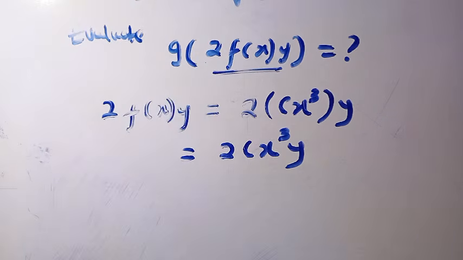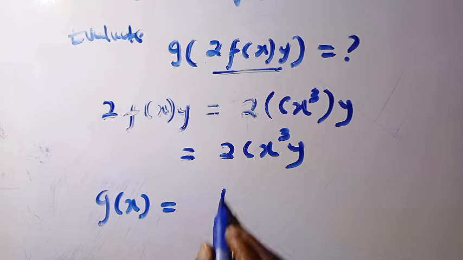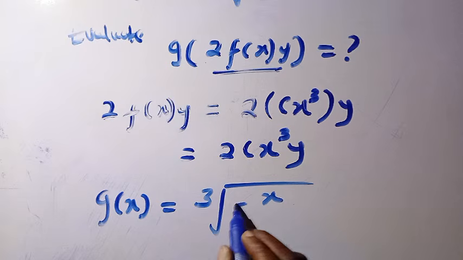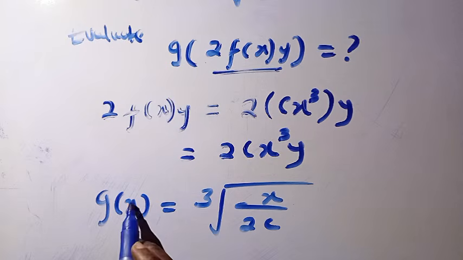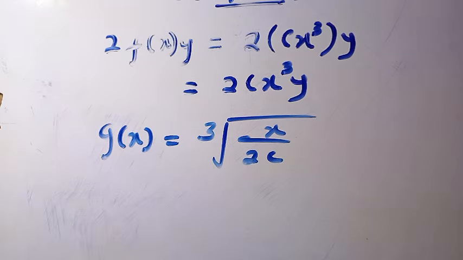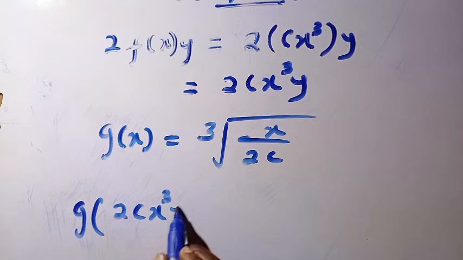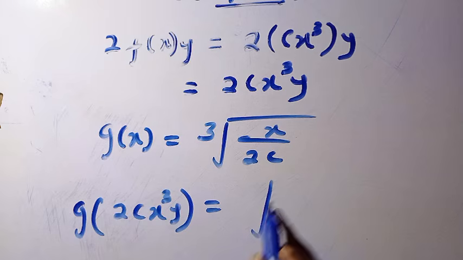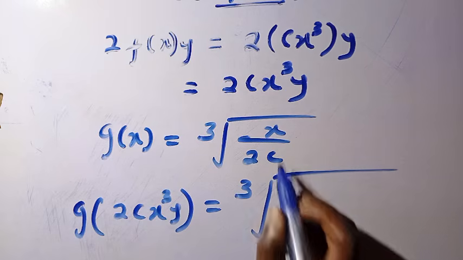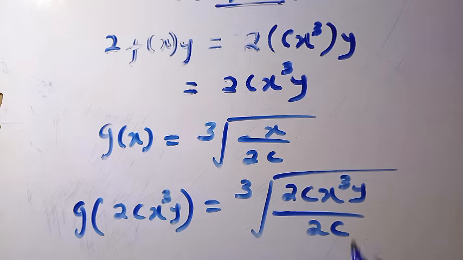Then if I replace it in g of x equals the cube root of x over 2c, when I change this x to 2c x cubed y, it also affects this. So changing it to g of 2c x cubed y, we have the cube root of, instead of x, 2c x cubed y divided by 2c.